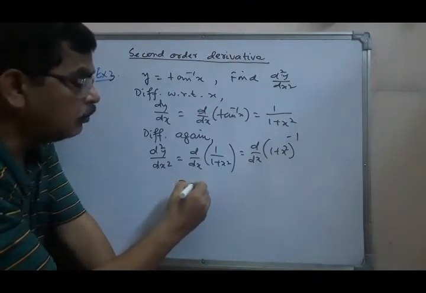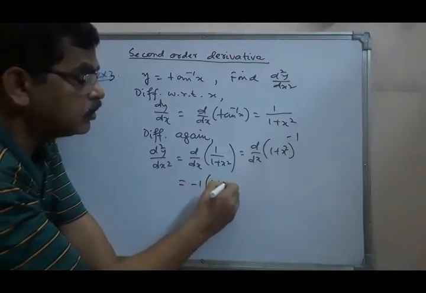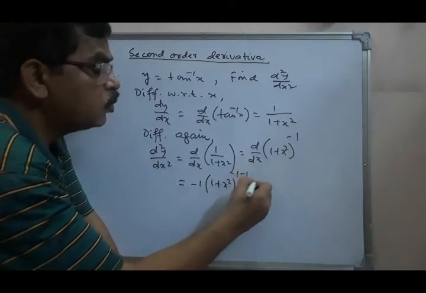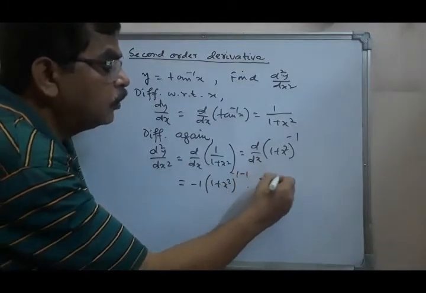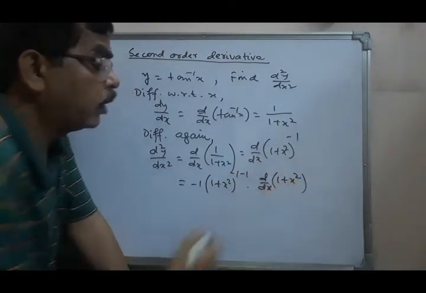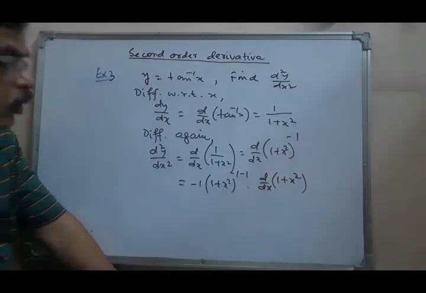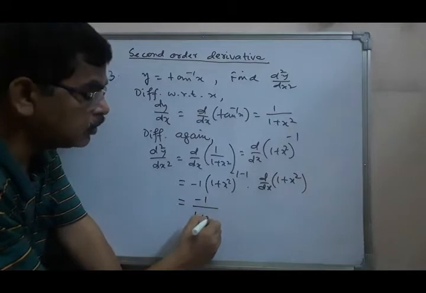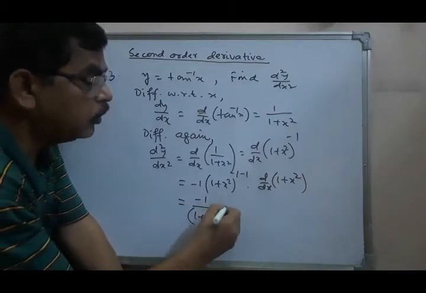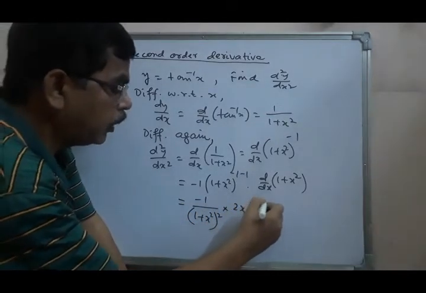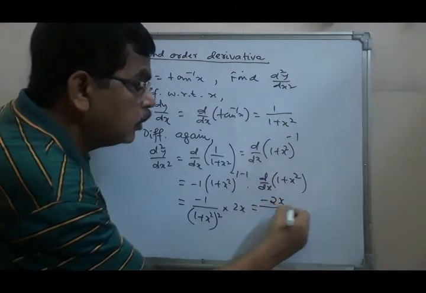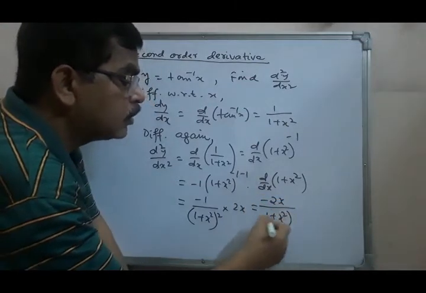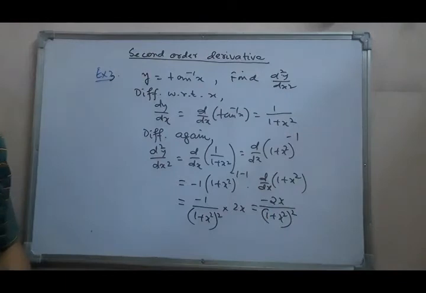That is minus 1 into (1 plus x square) to the power minus 2 into d/dx of (1 plus x square). We have applied the chain rule here. So therefore, it is coming minus 1 by (1 plus x square) whole square into 2x. So the final answer is minus 2x divided by (1 plus x square) whole square.